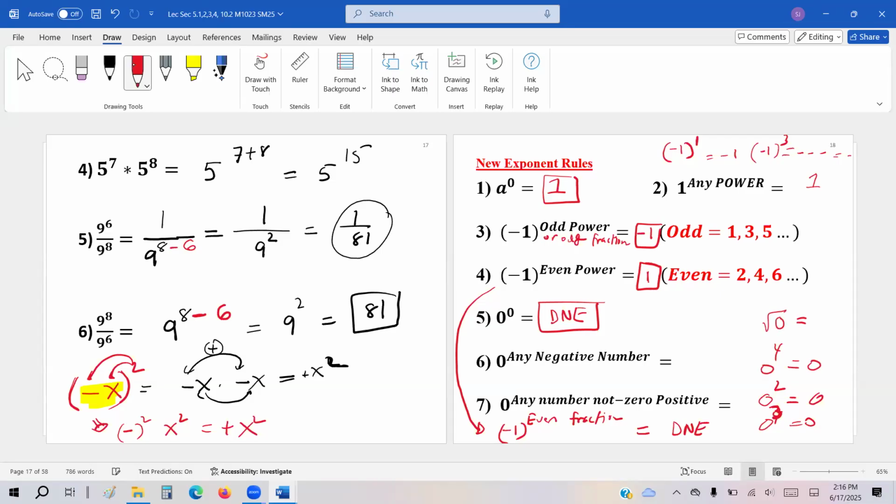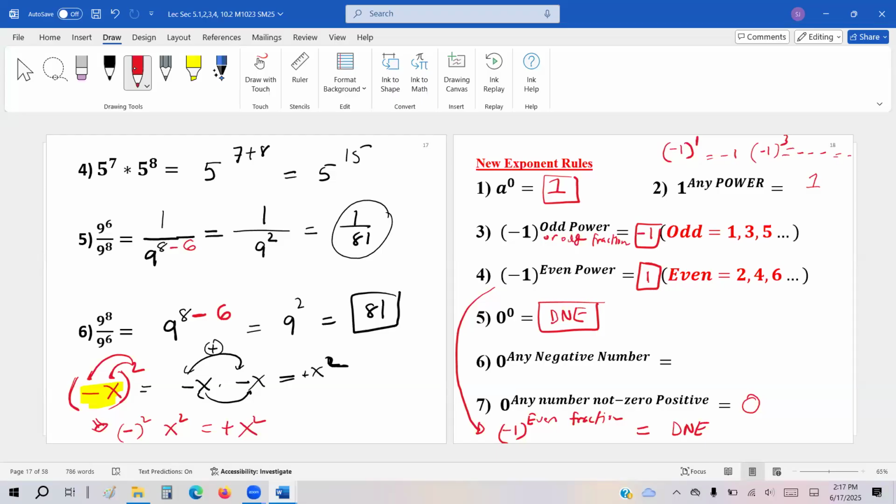What is square root of 0? Still 0. So 0 with any positive number, what's the answer? 0. So 0 to the 0 doesn't exist, but 0 to any positive number, positive whole number, positive fraction, positive decimal, anything positive is 0.